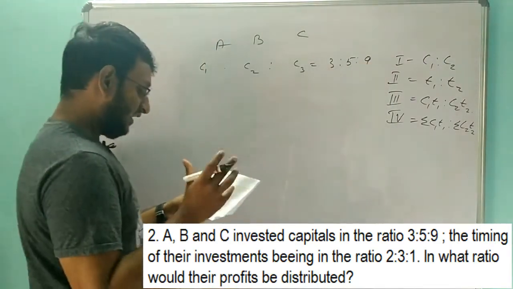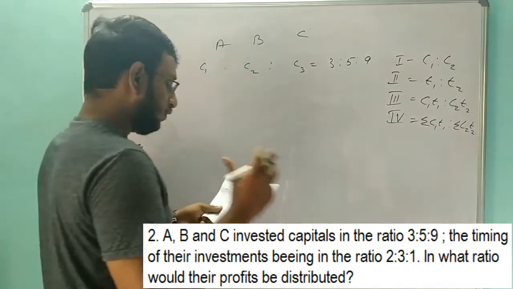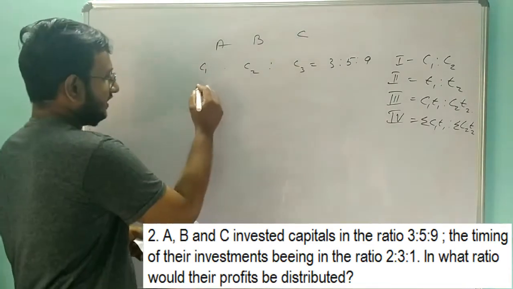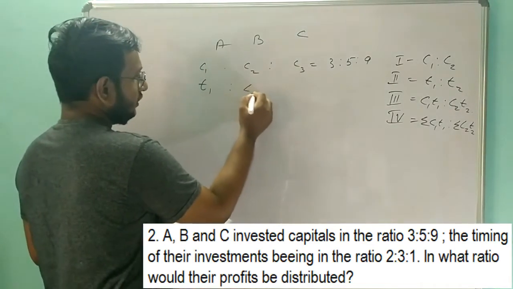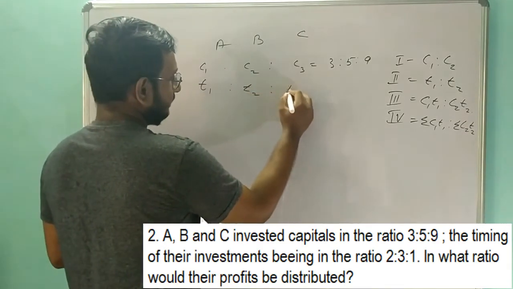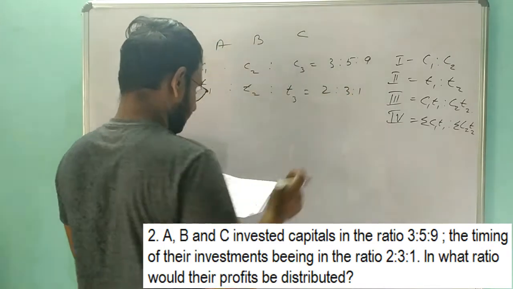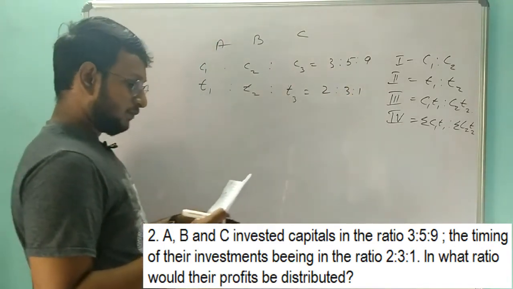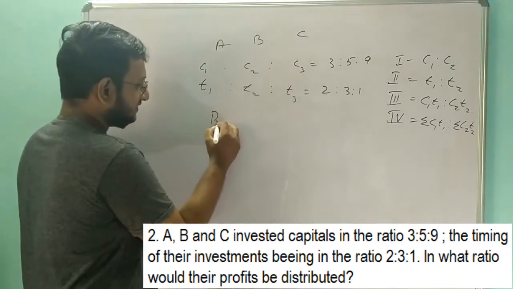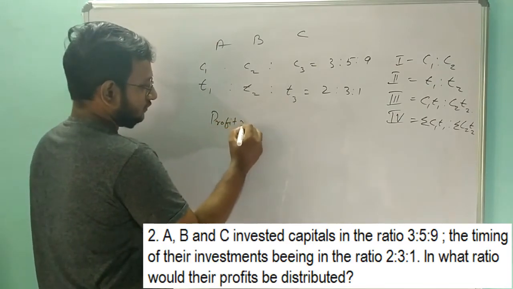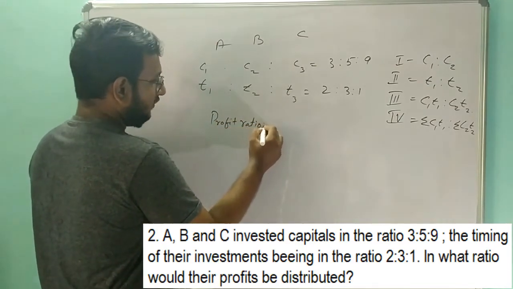The timing of their investment is in the ratio of 2:3:1. So their timing, that is T1 is to T2 is to T3, are in the ratio of 2:3:1. Okay, in what ratio would their profit be distributed? So they are asking us to find the profit ratio.